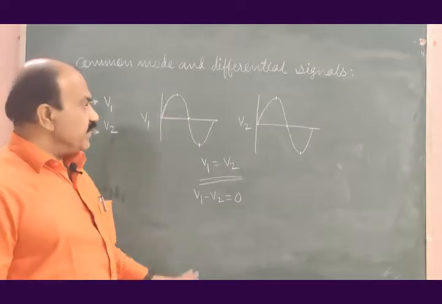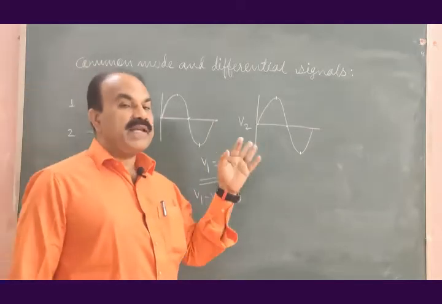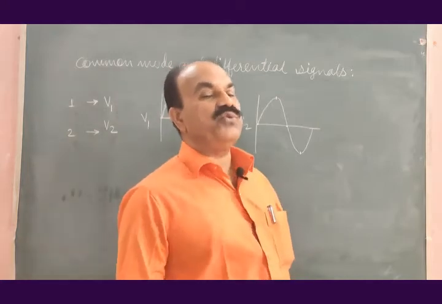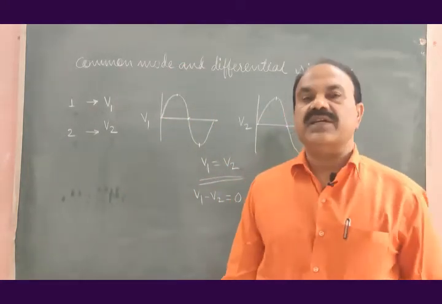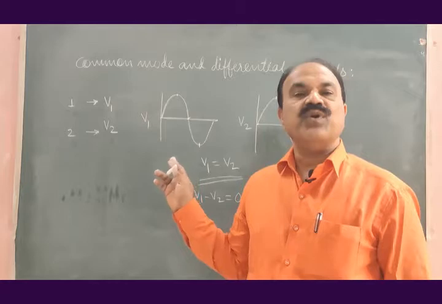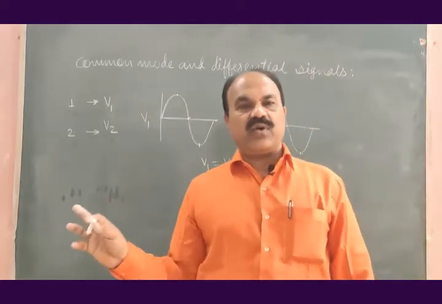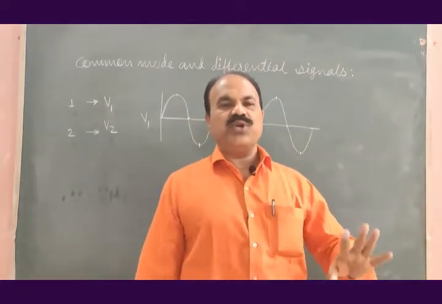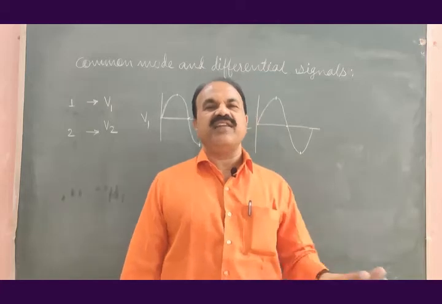So this mode of application of input voltage is known as common mode signal, and for common mode signal the output of the differential amplifier is always 0.